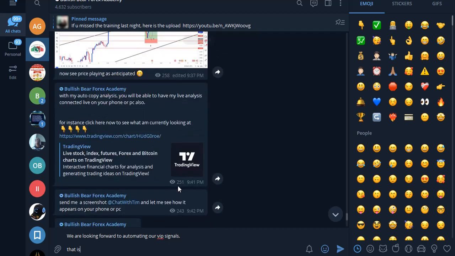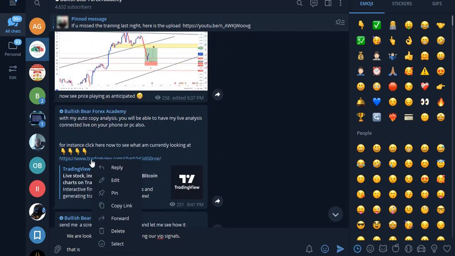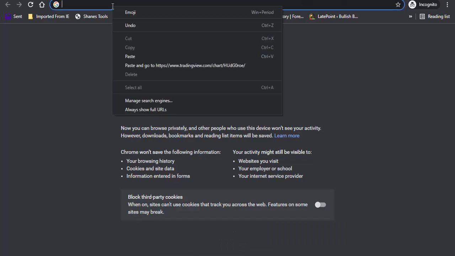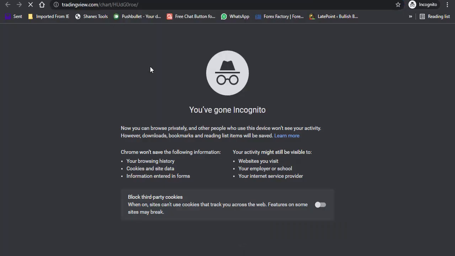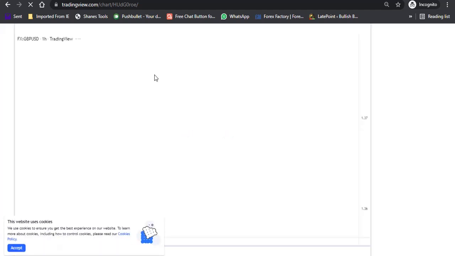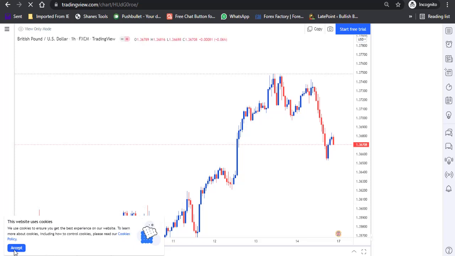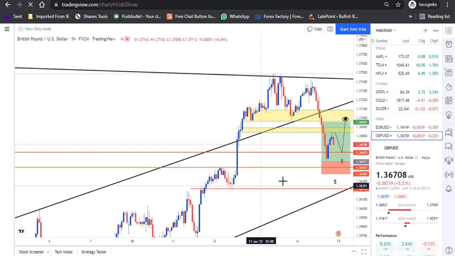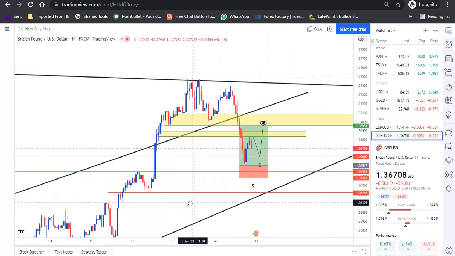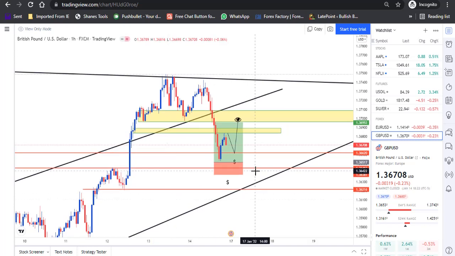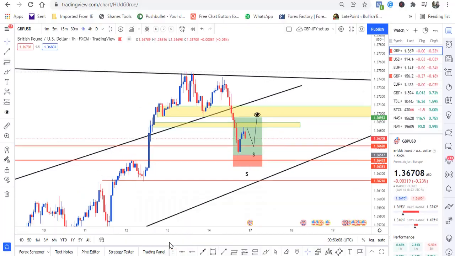If I take this link and copy it, go to incognito mode and paste it here, this is what you're going to see. Once it opens on TradingView, you're going to see exactly my analysis. This is what I've analyzed in my own private chart, and that's exactly what I've got.